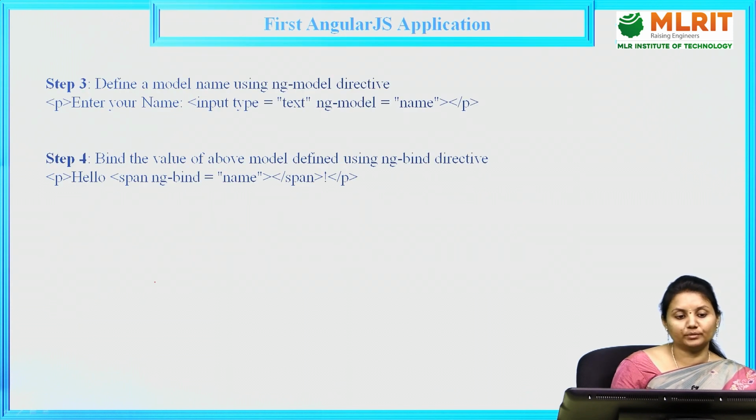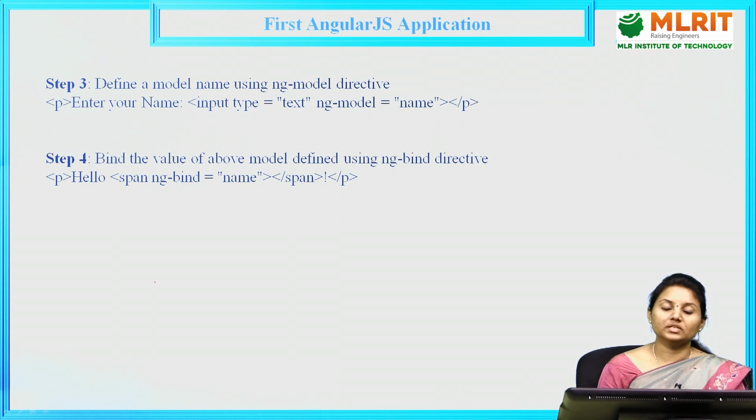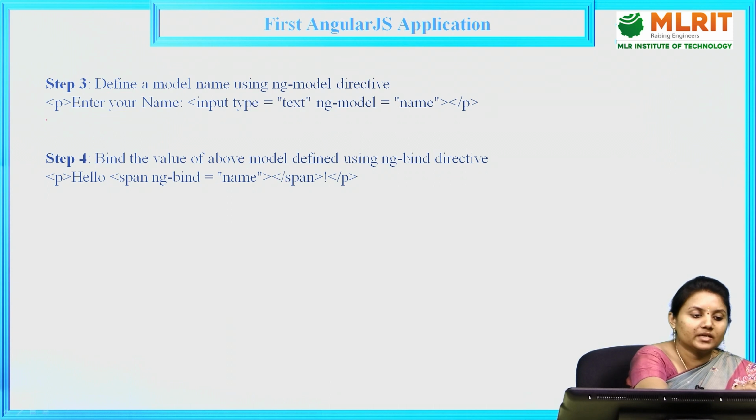Here what you have to do, define a model name using the ng-model directive, our second directive. So here I am writing a p tag, HTML is integrated. So p tag, enter your name. ng-model will support the input tags, the input controls. Input control means in HTML how to give the input using an input type.